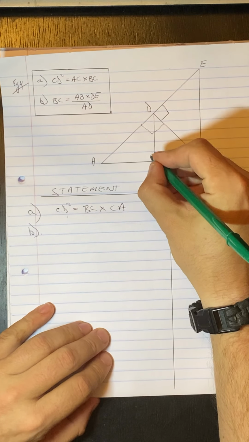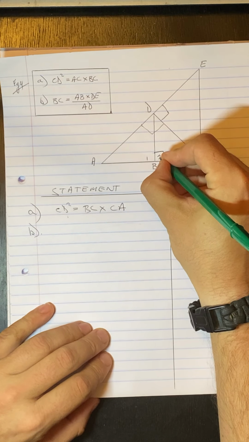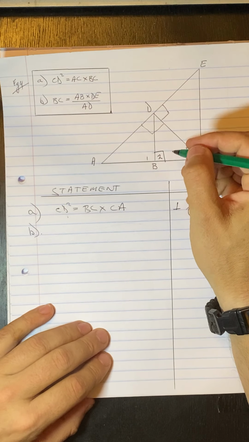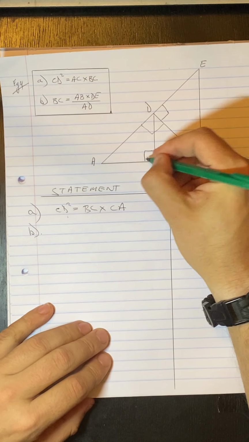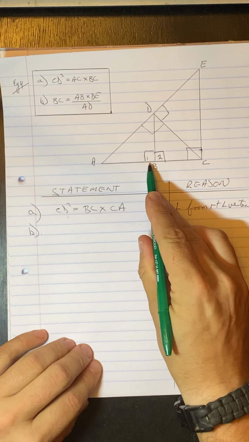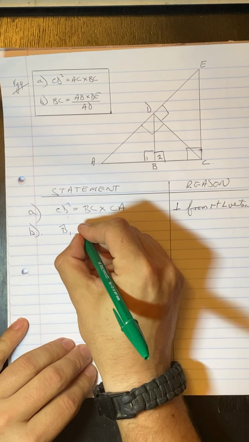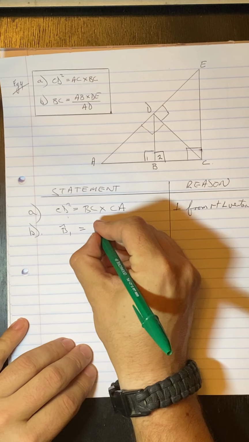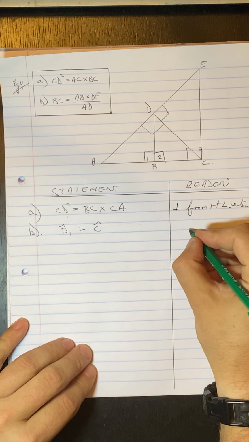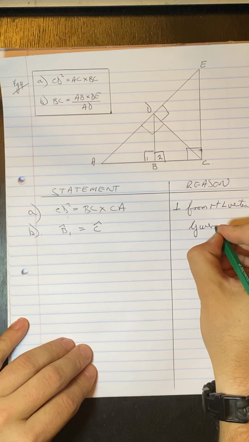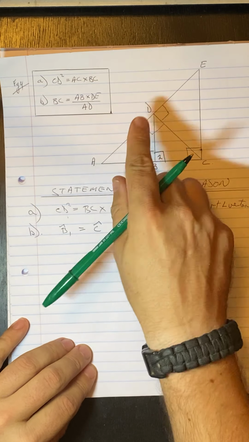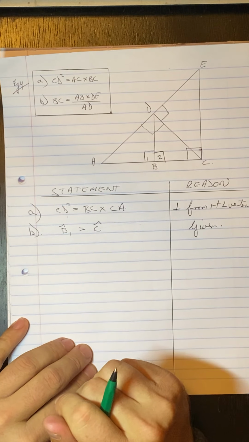Let's put in some values here. Let's say B1 and B2, okay? This is obviously 90 degrees. So what I can say here is that B1 is equal to angle C. That was given to us. Okay, there's nothing to prove there because they said that the lines were perpendicular.